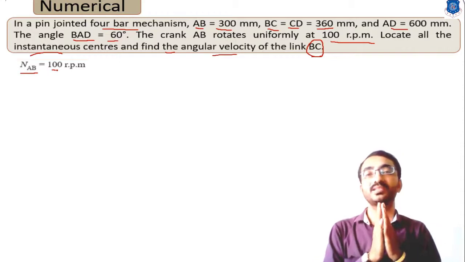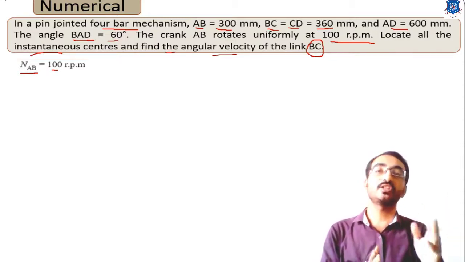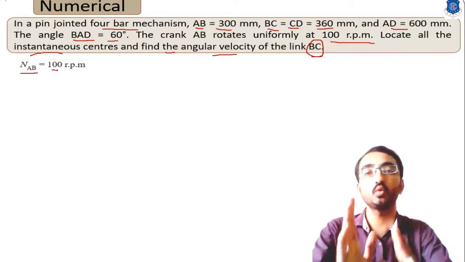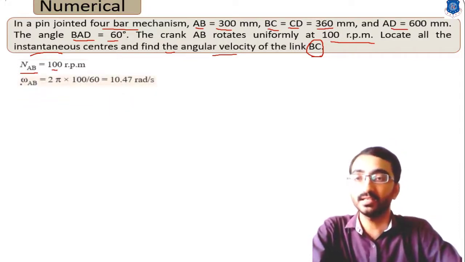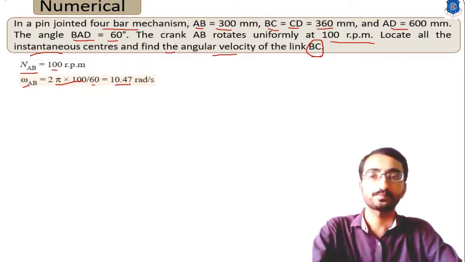With the help of this rpm, we will first calculate the angular velocity of link AB, because we have the simple relation omega is equal to 2 pi N by 60. By applying this relation, omega is equal to 2 pi into 100 by 60, that will give us the angular velocity of link AB.